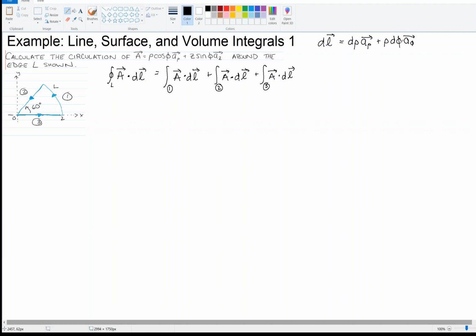That's because phi is an arc, so you have to multiply by the radius, plus dz times the unit vector in the z direction. Okay, so we're going to keep that in mind.